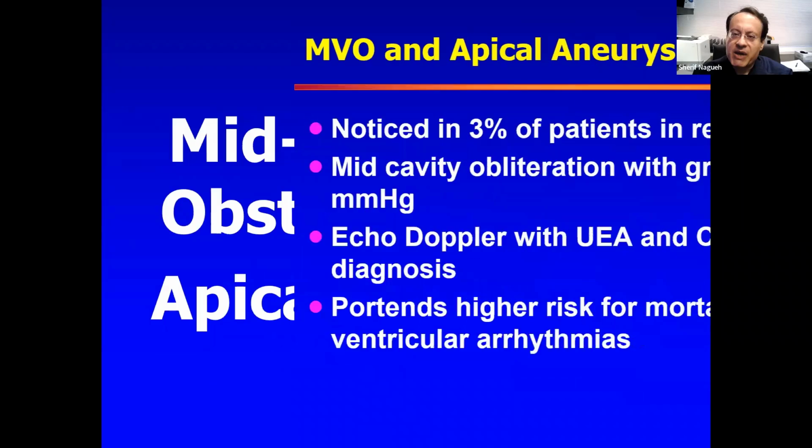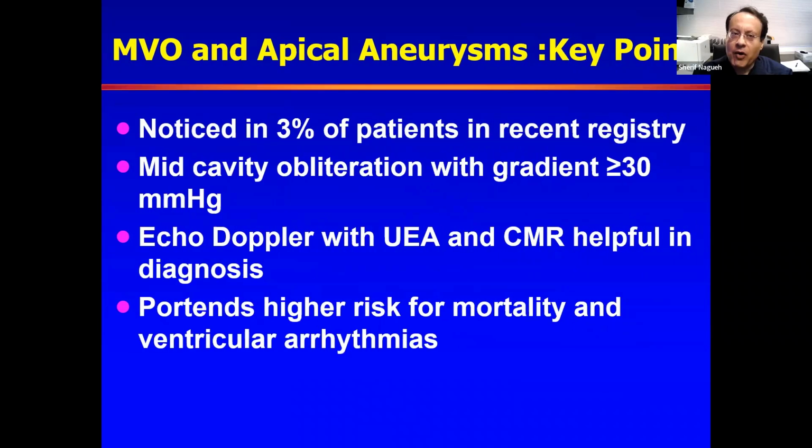Midventricular obstruction and apical aneurysms are gaining more and more recognition in the recent HCM registry. It was noted in 3% of the cases. Mid-cavity obliteration may be considered with a gradient of at least 30 millimeters mercury.